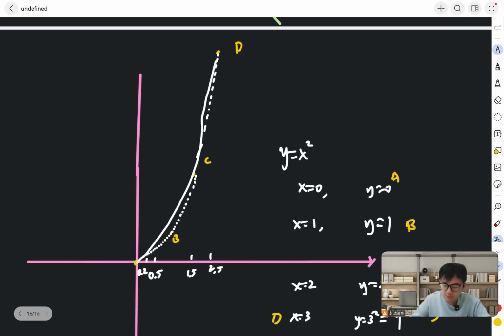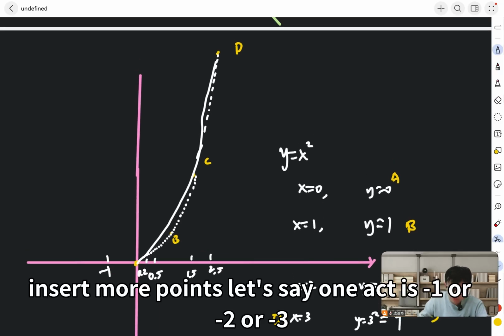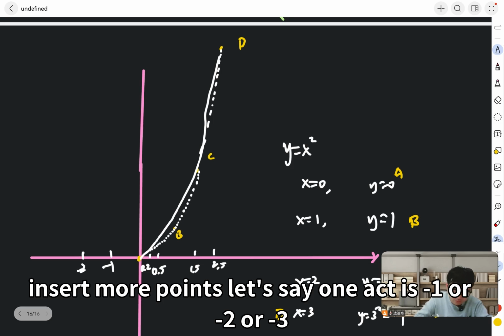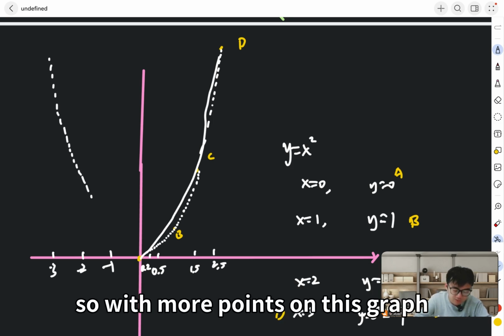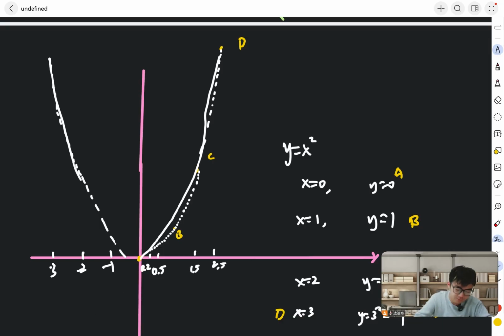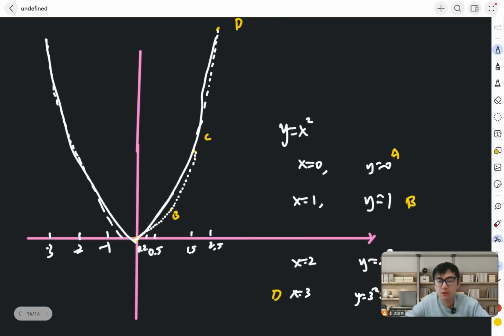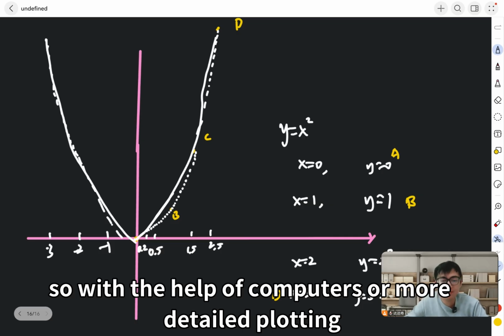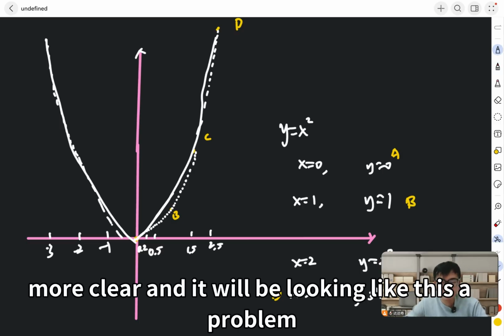Conversely, if I insert more points, let's say x is -1, -2, or -3, it also looks the same. So with the help of computers or more detailed plotting, we can insert more points and make it clearer, and it will look like this, a parabola.